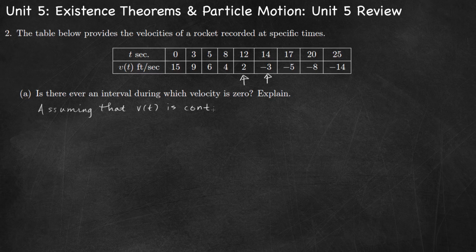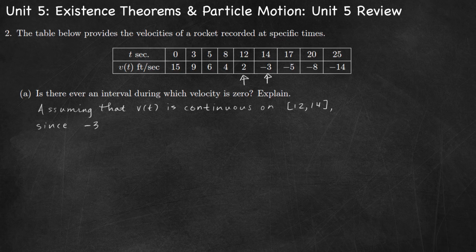So assuming that v of t is continuous on the interval from 12 to 14, and then since 2 is, actually no, I was about to say something untrue.